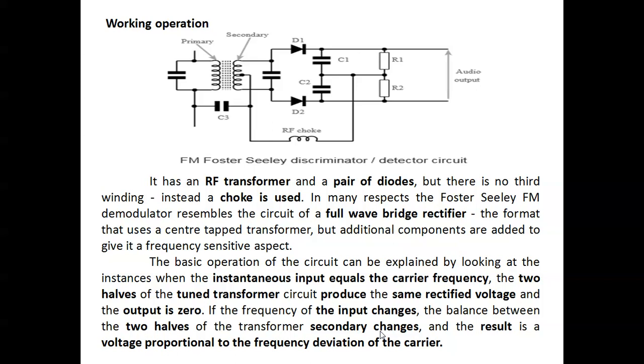Here the FM, using the transformer, is changed from FM to AM. Then again we have the pair of diodes. The diodes are controlled by the carrier signal. Unmodulated carrier signals are used for controlling the diodes, because if we used a modulated carrier, the amplitude might vary.